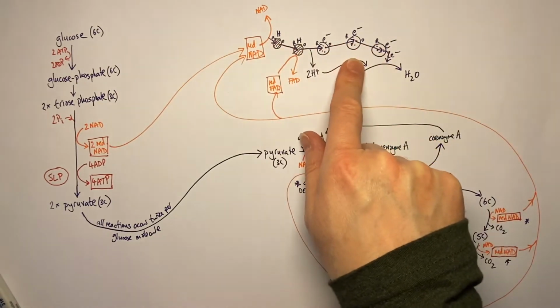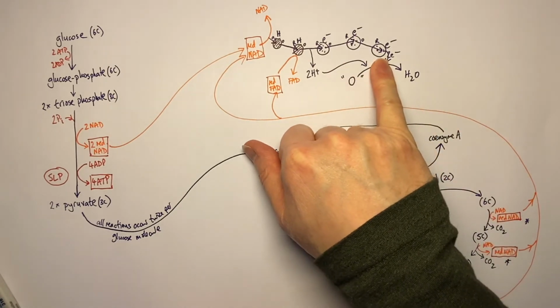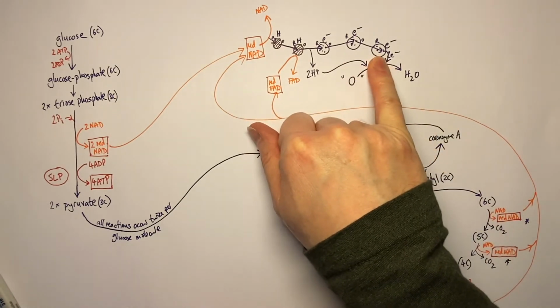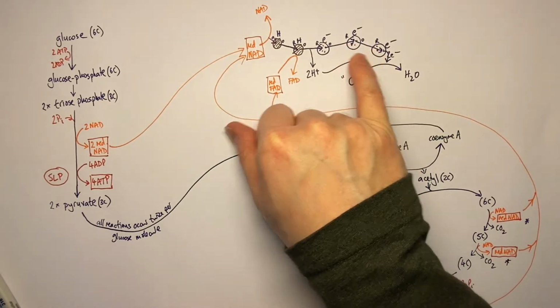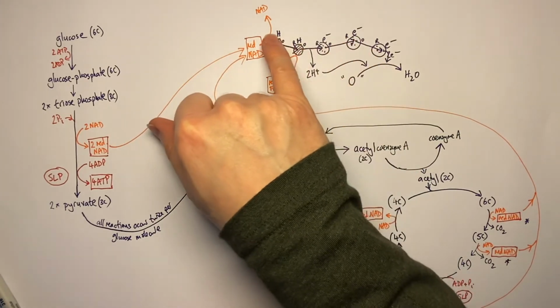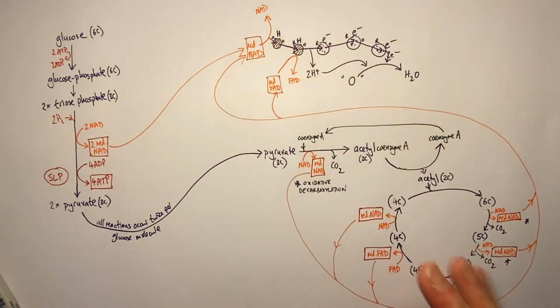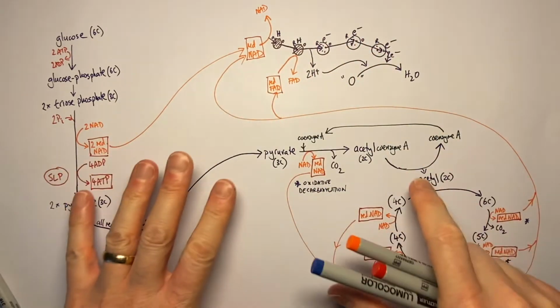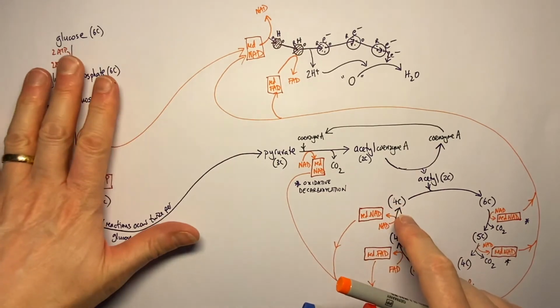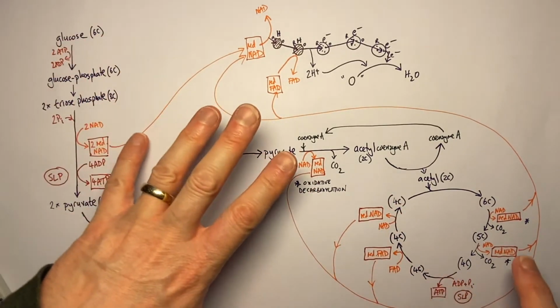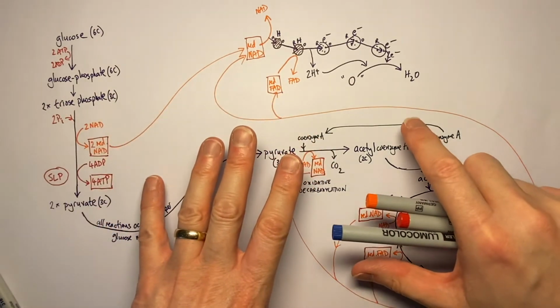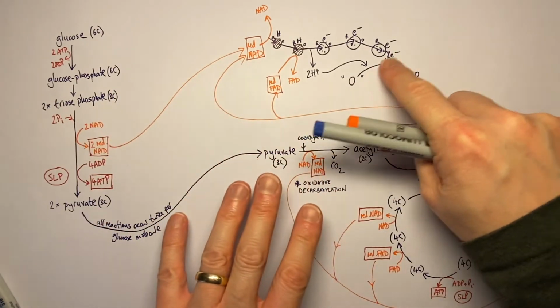Like a production line, if this last carrier cannot lose its electrons, then this one can't pass the electrons to there, and that can't pass it to there, and this grinds to a halt. And in fact, all of this process grinds to a halt. Even this one would, but we'll talk about anaerobic respiration if we get a chance. All of these processes grind to a halt because this can't be lost.